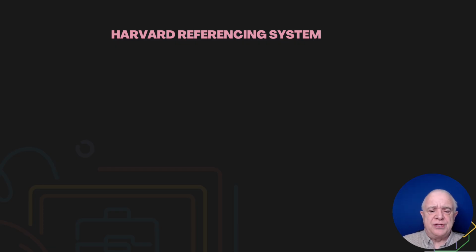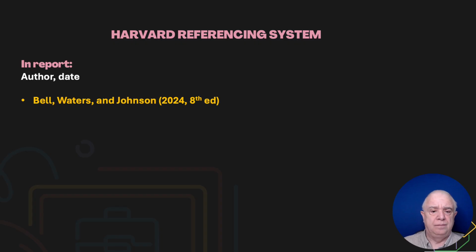The Harvard referencing system is the most commonly used in research in education and the social sciences. Be guided by your academic institution. If you're using the Harvard system, here are its key features. In the report itself, the author is followed by the date in brackets, as in this example using my book.